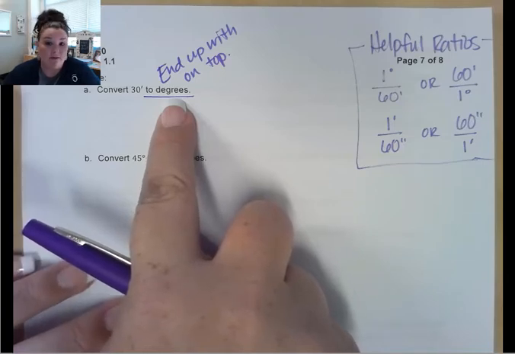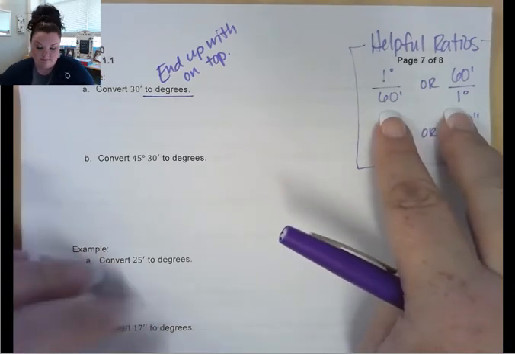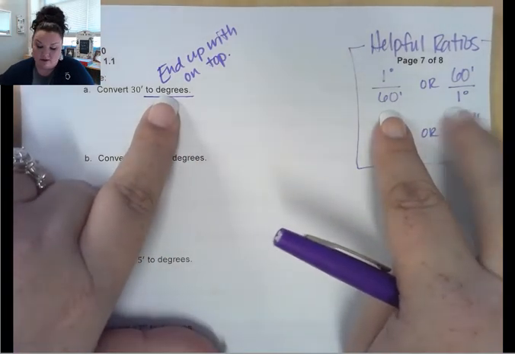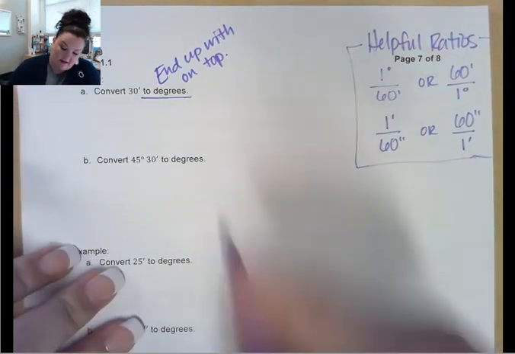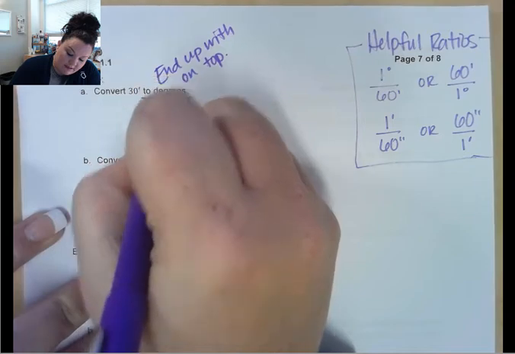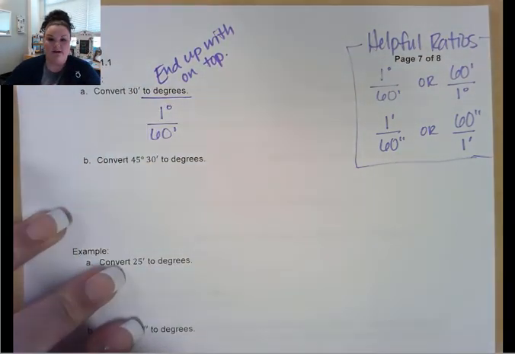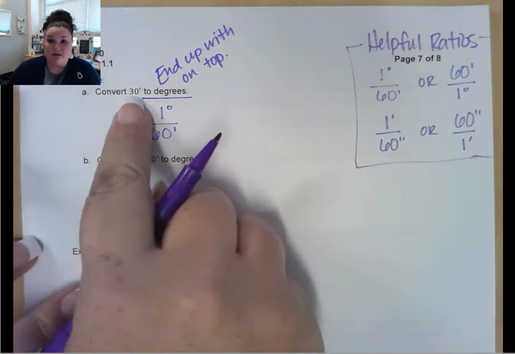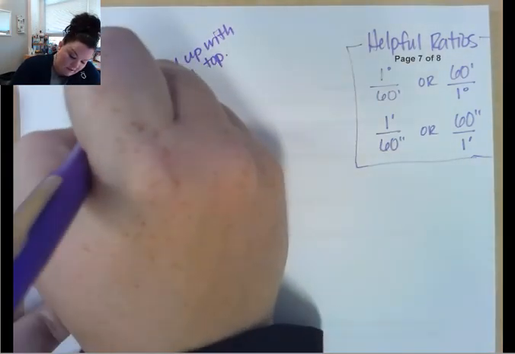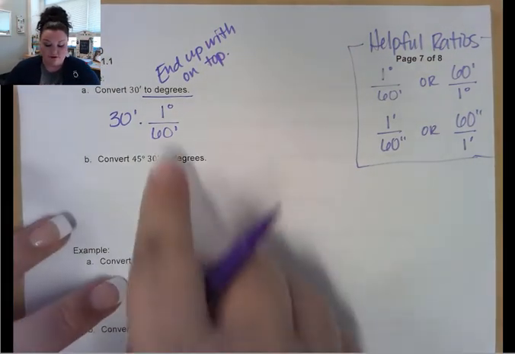So if we want to convert this to degrees, we want to make sure that degrees is on the top of our fraction. So here's my two ratios with degrees. Because I want to end up with degrees, I want to use the one where the degrees is on the top. Okay, so I have 1 degree is the same thing as 60 minutes. So that's the ratio that I want to use to multiply my 30 minutes by. So I do 30 minutes times 1 degree over 60 minutes.